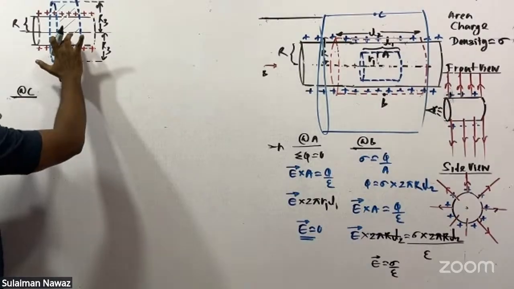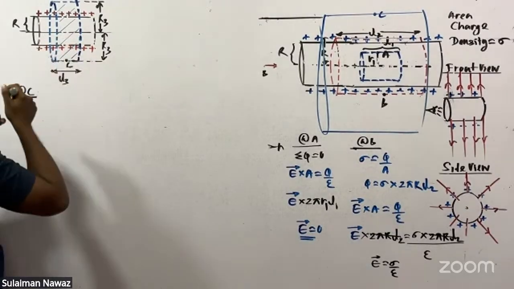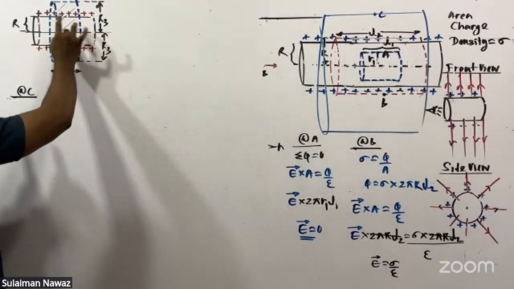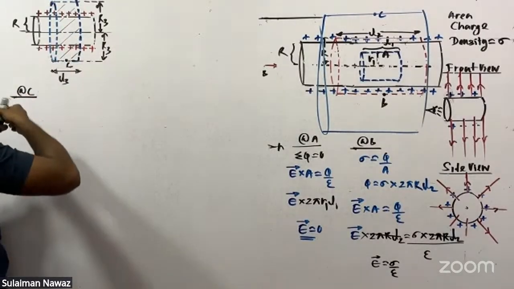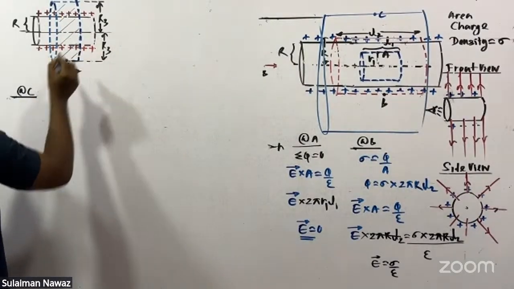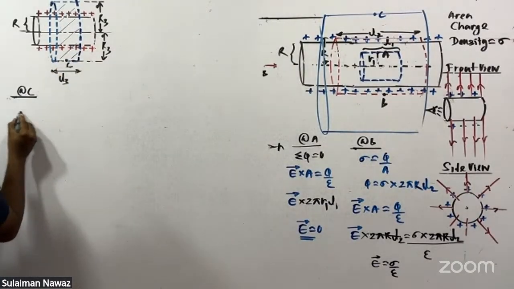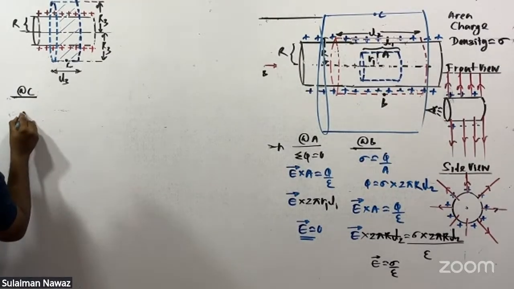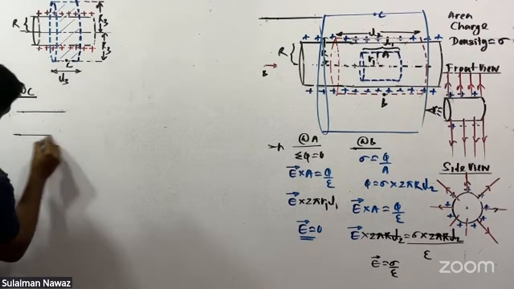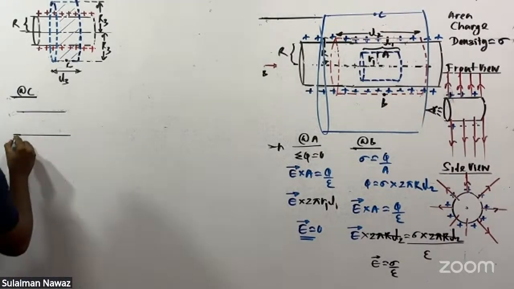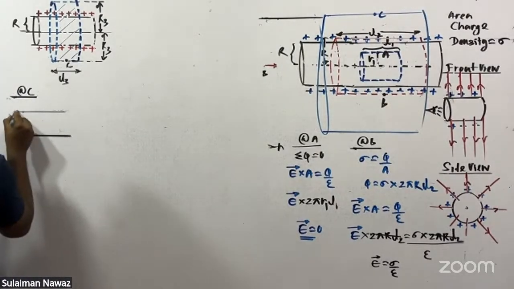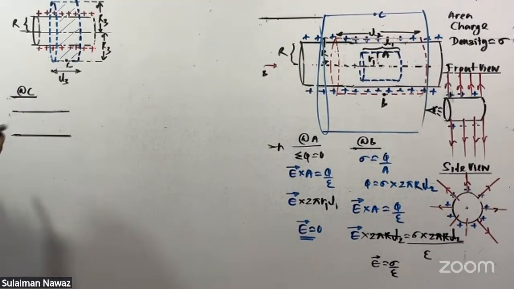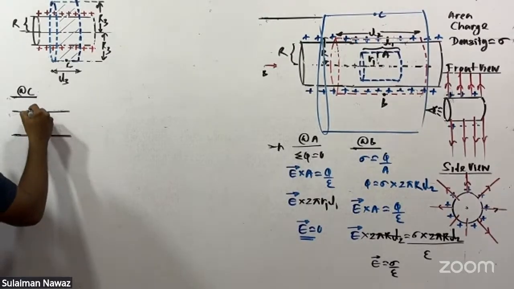We know the area charge density is sigma. The area covered by the blue color Gaussian surface inside the black hollow conductor cylinder is going to be this much. Correct me?